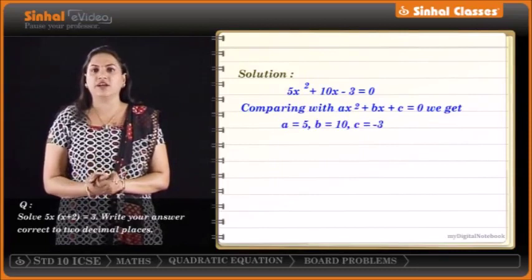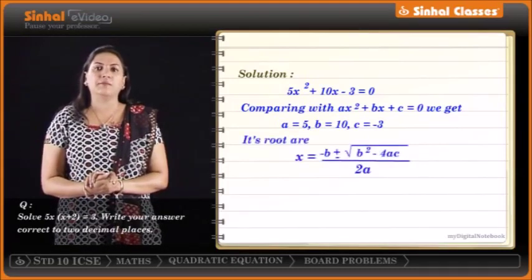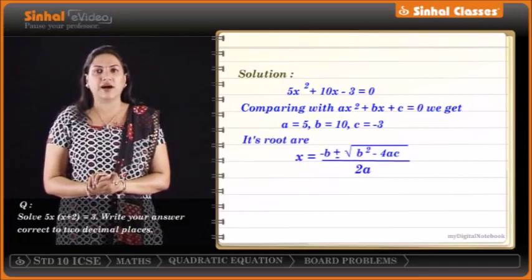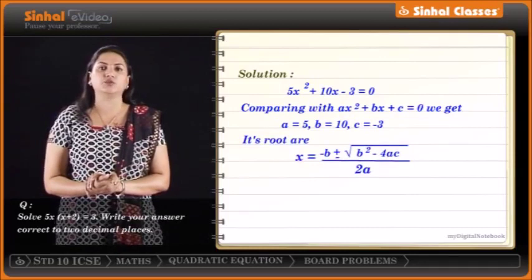Now we know the formula to find the roots, which is x is equal to minus b plus or minus root b square minus 4ac upon 2a.